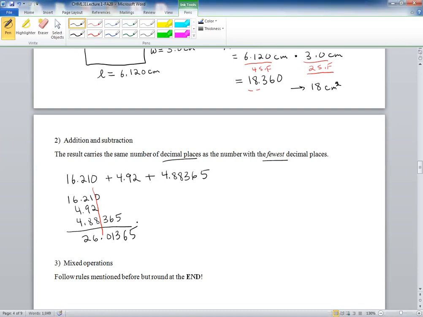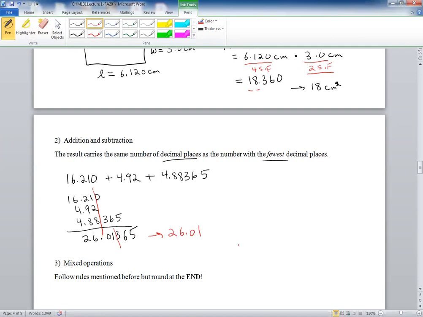So again, I should have no more than 2 decimal places, so I should stop here. What comes after that 1? A 3. That means I'm going to keep the 1 the same, so my final answer will be 26.01.